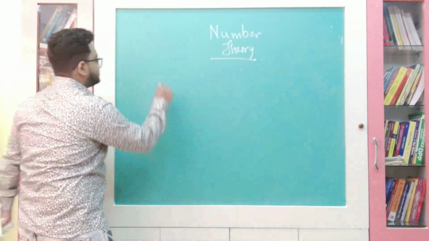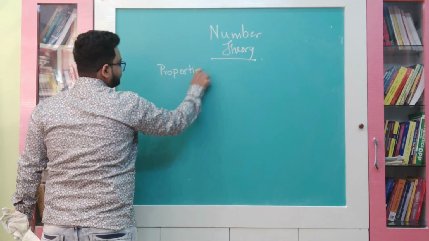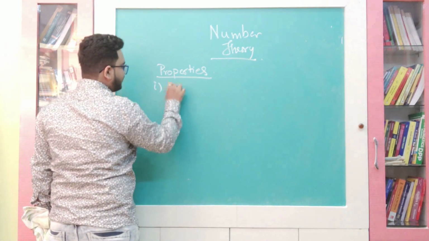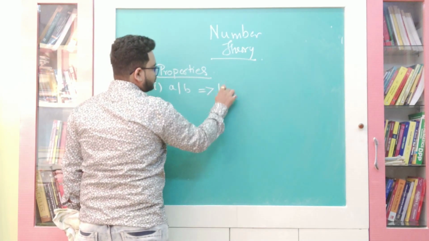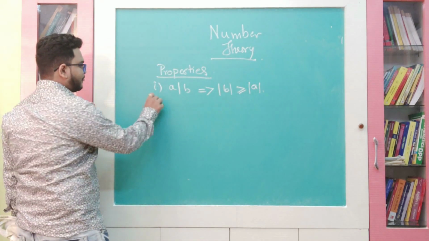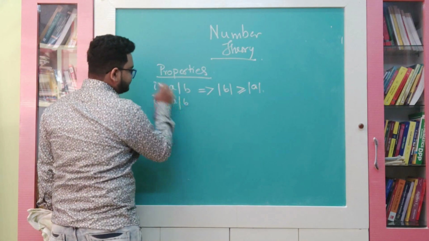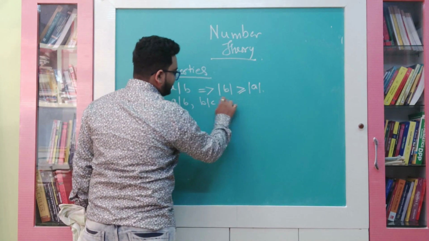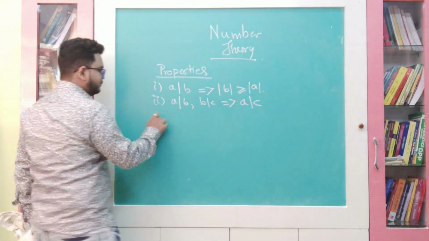Now some of the properties. I will mention only a few properties. 1. If a divides b, then modulus of b is greater than or equal to modulus of a. 2. If a divides b and b divides c, then a divides c. 3.